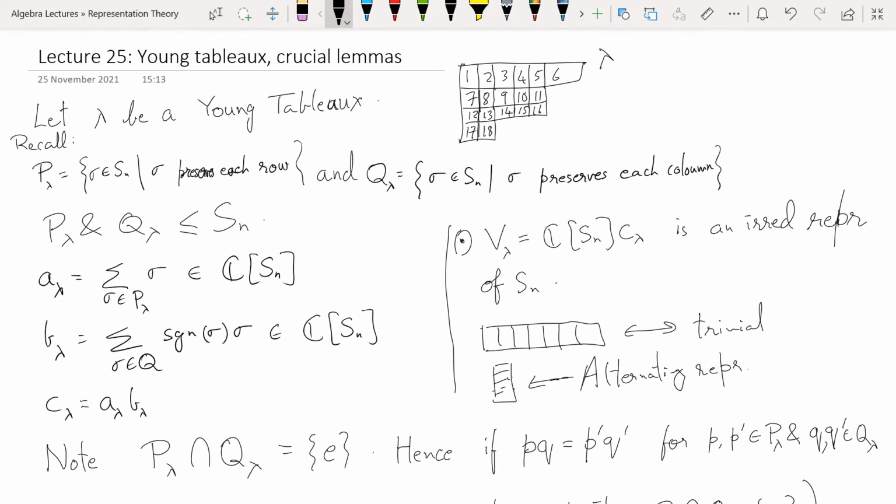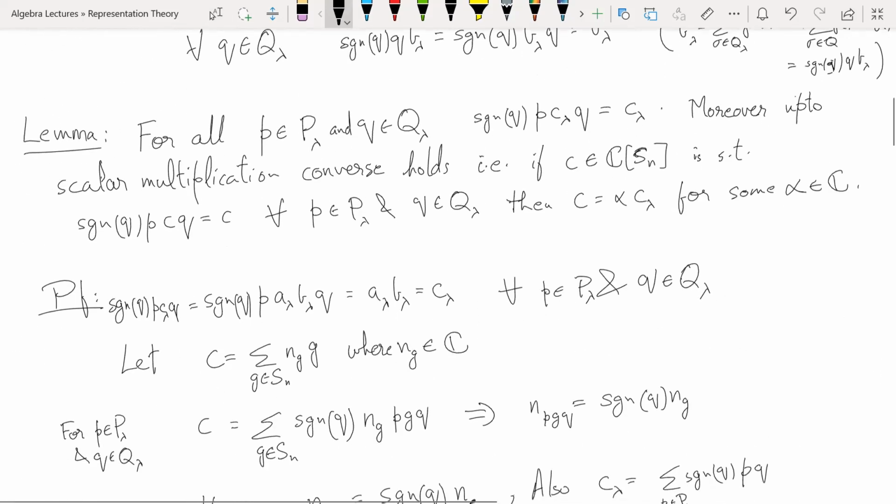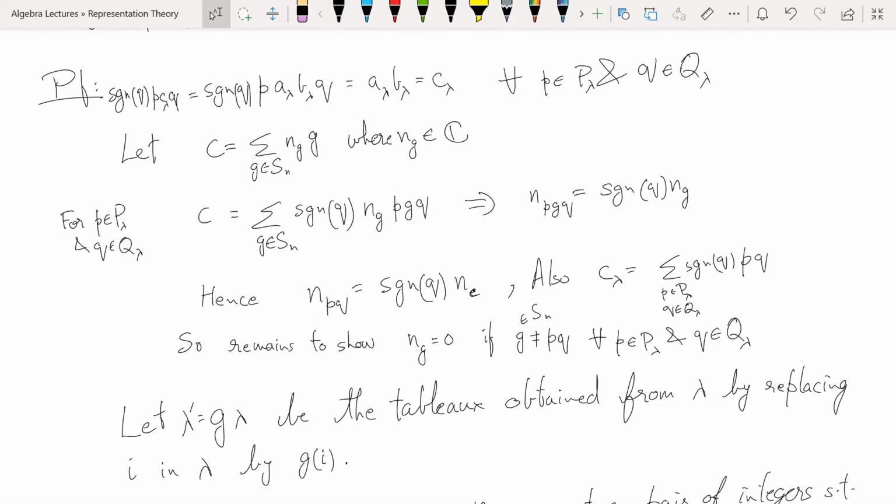So 1 I'll replace by g1, 2 I'll replace by g2, and so on. g is a permutation of these n numbers. That is how you get lambda prime: the tableau obtained from lambda by replacing i in lambda by gi, for i between 1 and n.